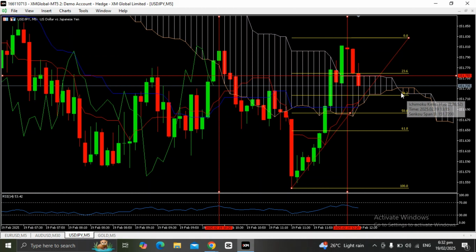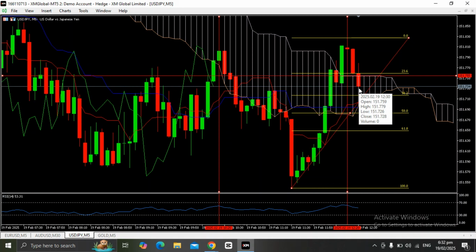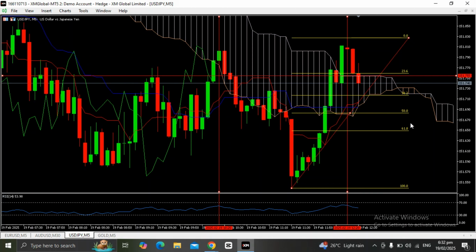Okay, so you have to check the right side to see the corresponding price of this one here. Okay, so interestingly, the bears or the sellers are stronger than the bulls at this current price movement.